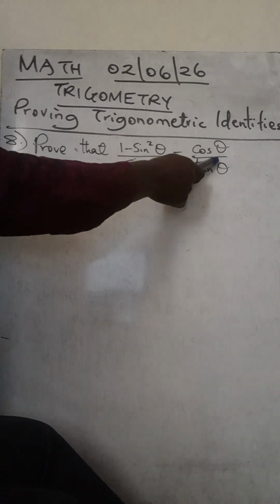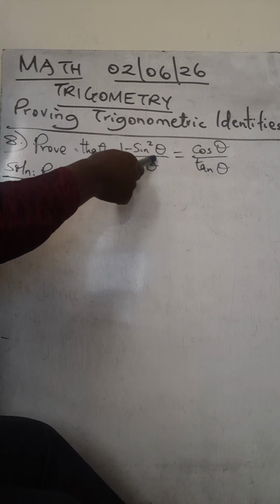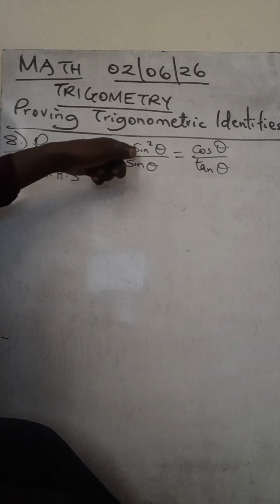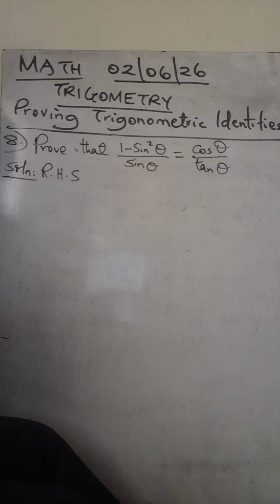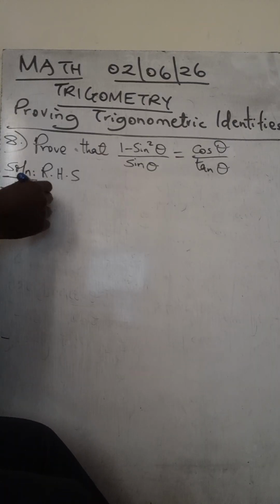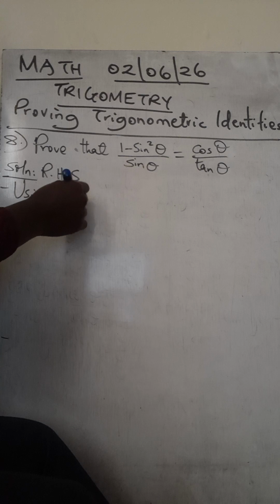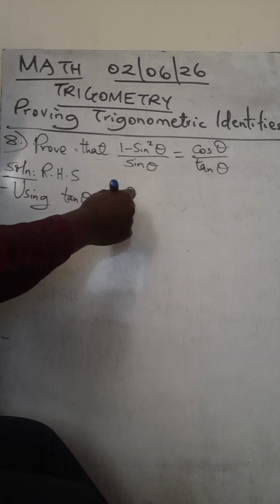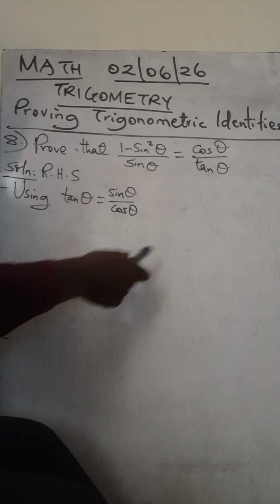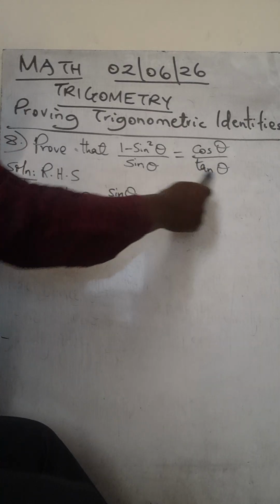Now we show that this part equals this part. We keep the left hand side intact and manipulate this side. So using tangent of theta equals sine of theta divided by cosine of theta, substitute that in here.